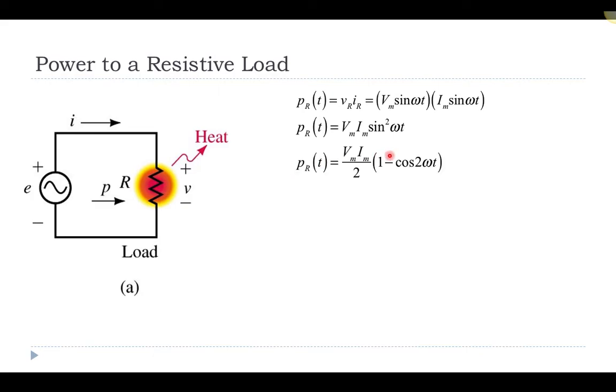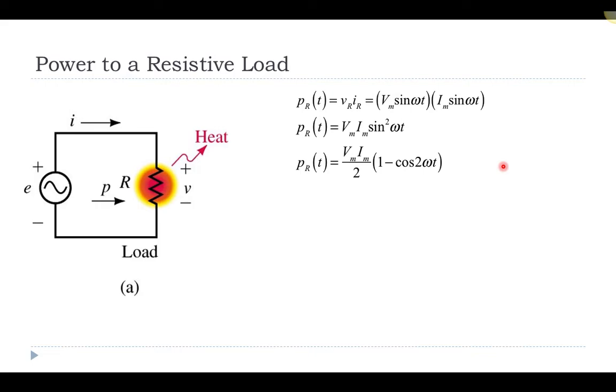If I use one of the trig identities that I know, that sine squared is equal to 1/2 (1 minus cosine of twice the angle), that's where this 2 comes from, then I could calculate the average of this function, which is the power as a function of time.